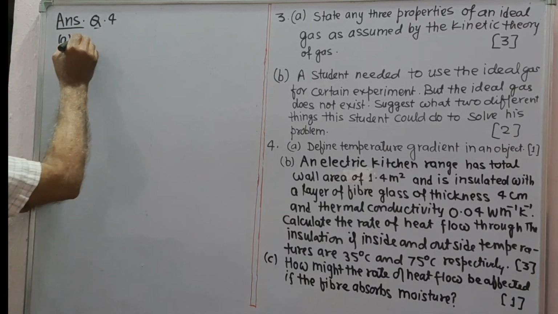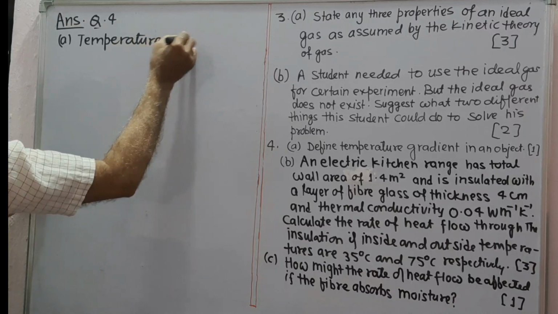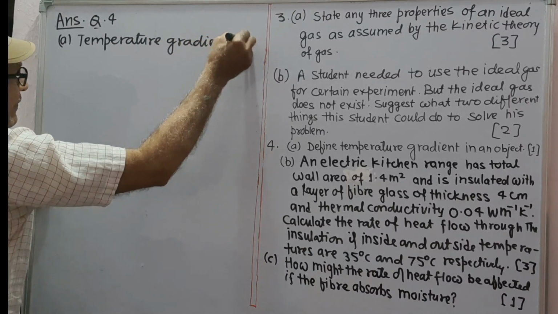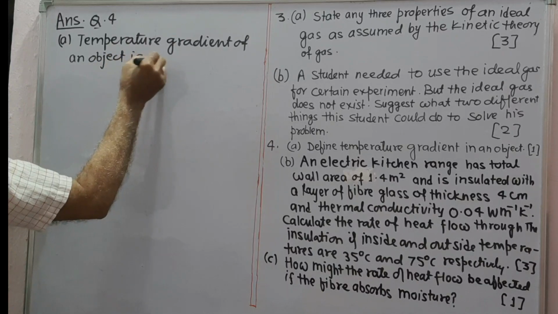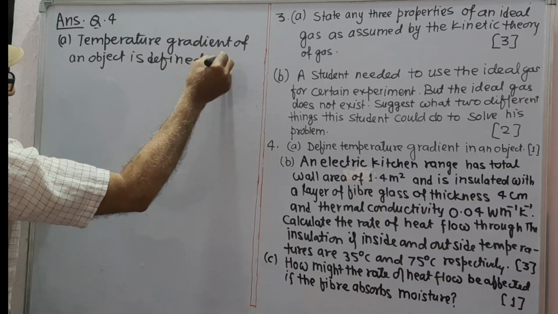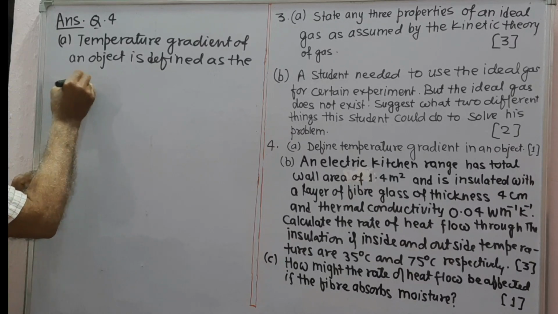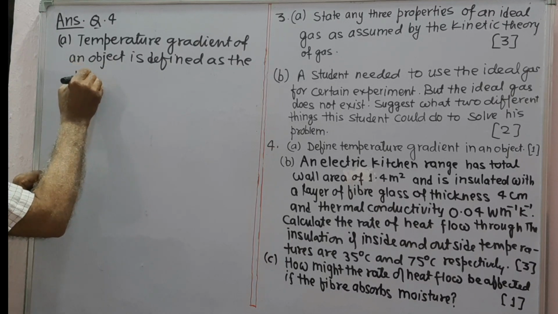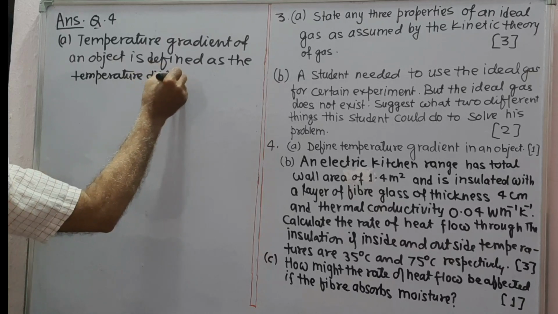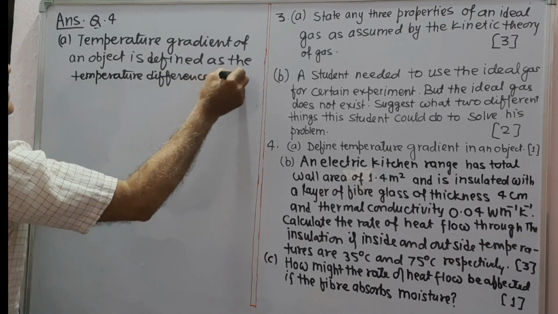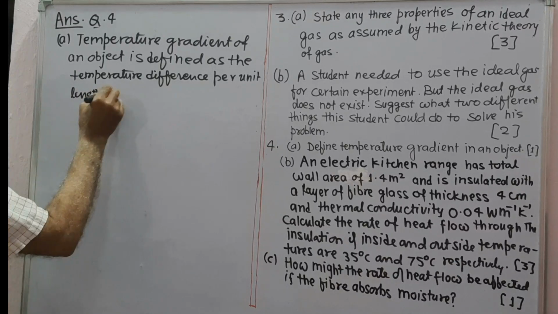Temperature gradient of an object is defined as the temperature difference per unit length of the object.